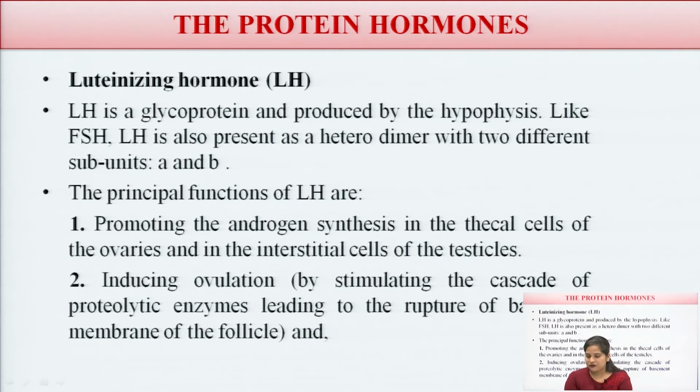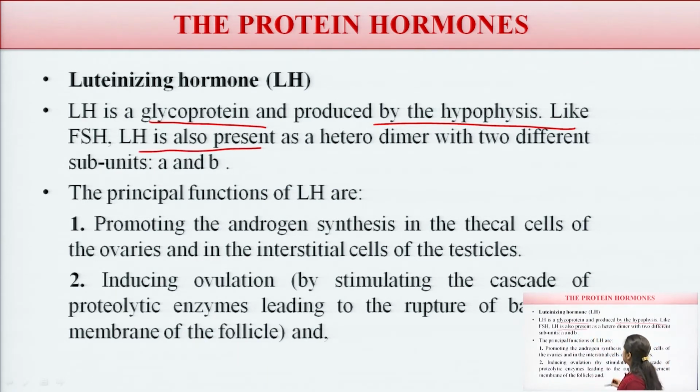Now next one is the luteinizing hormone, that is the LH. LH is again a kind of protein hormone. It is a glycoprotein and produced by the hypophysis like FSH.